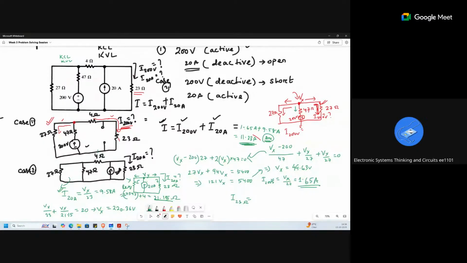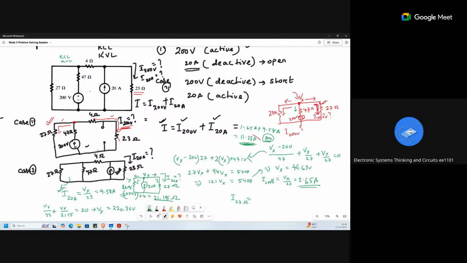But this is a part of the circuit, not the whole circuit, right? This is the part of the circuit when we are just looking at the effect of the 20 ampere. Are you getting the current through that 200 volts and 20 ampere after the final calculation or not? Yes, because we are just cross verifying.